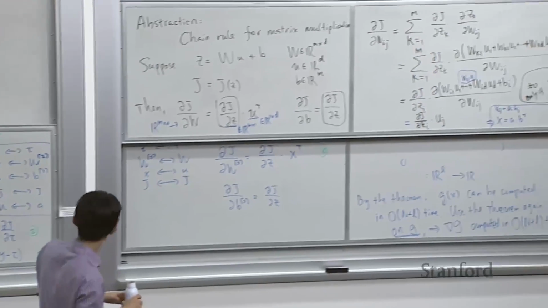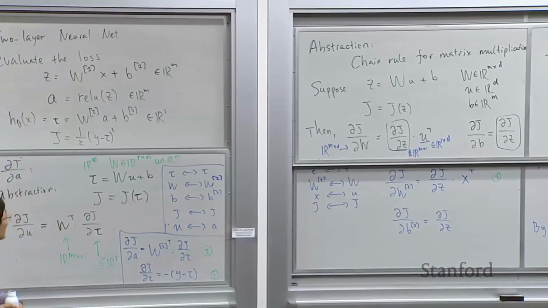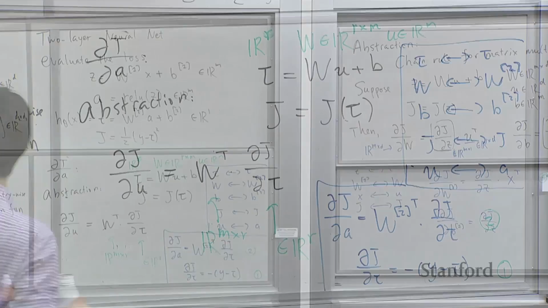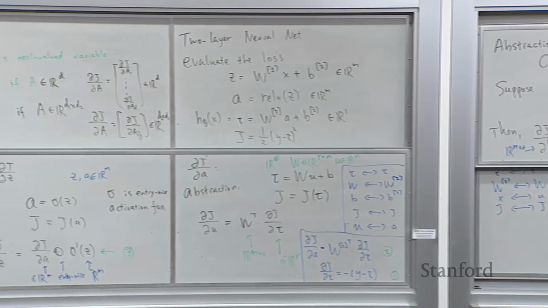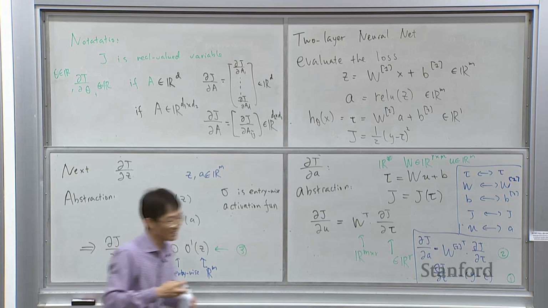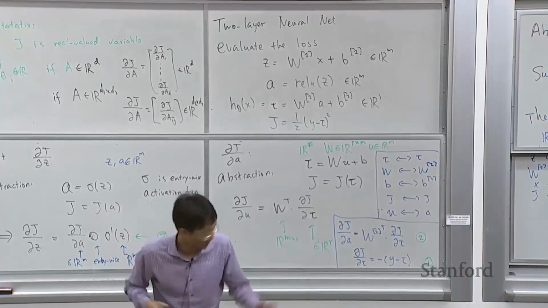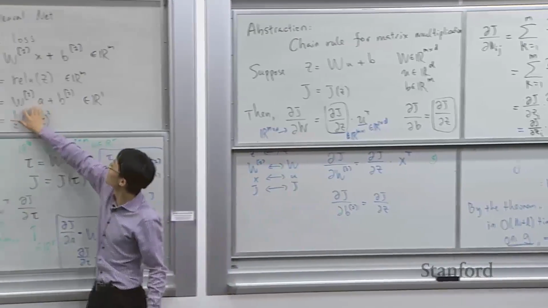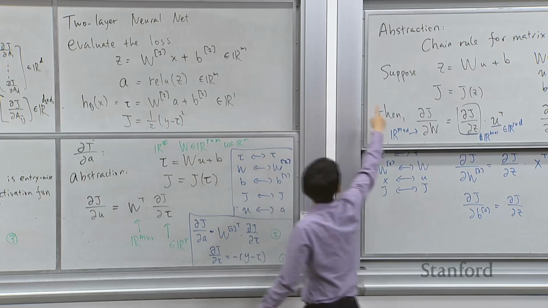Which abstraction are you going to use? I have 3 things, 1, 2, and 3. I think your answer is correct. You're going to use this because W2 is the matrix, and you care about the derivative with respect to the matrix.